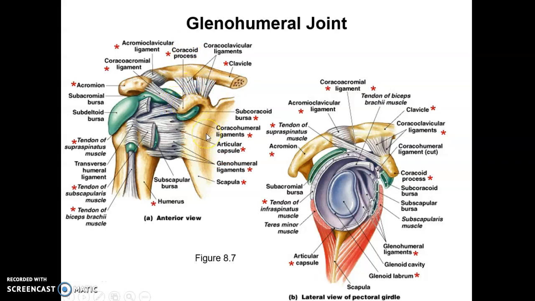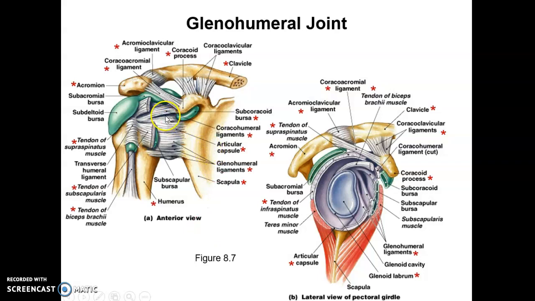Remember C on scapula, another C here, coracoid process on the scapula. Over here is the acromion on the scapula. On the side, acromion there, and there's the coracoid. There's the clavicle here. And then there's the humerus missing on this side. So the bones that you need to know for the shoulder joint.